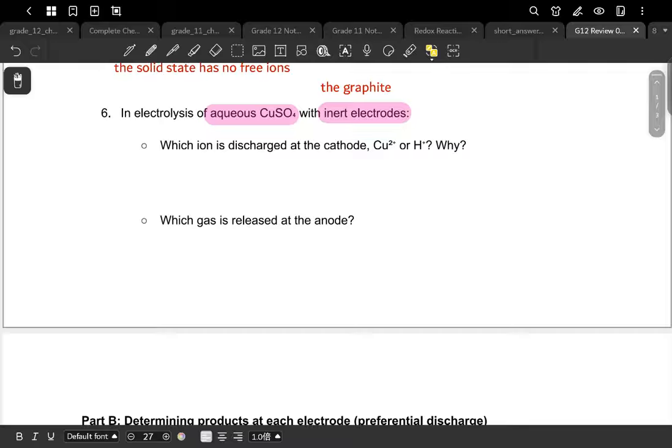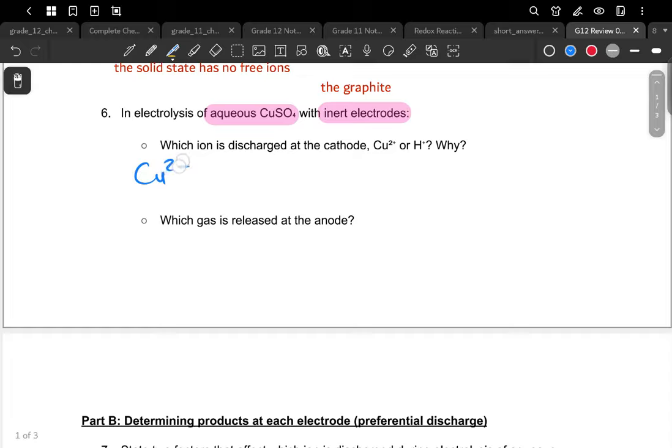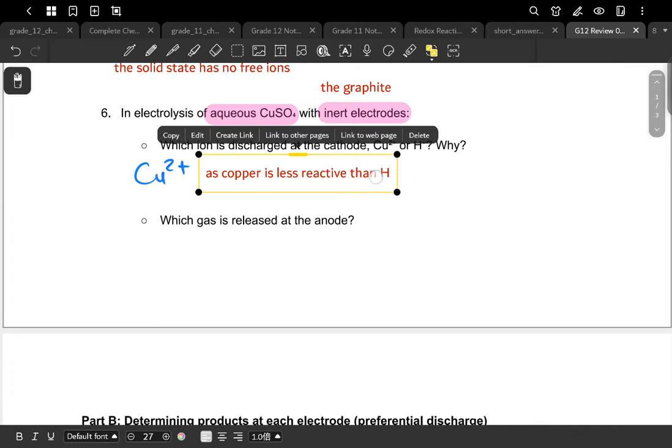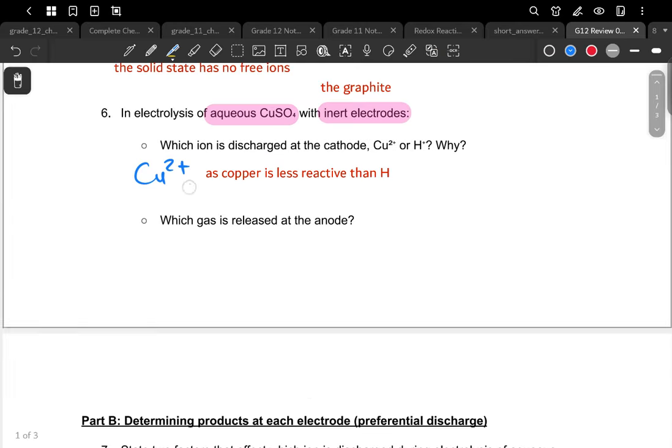In this case, copper ion is reduced at the cathode instead of hydrogen, because copper is less reactive than hydrogen.